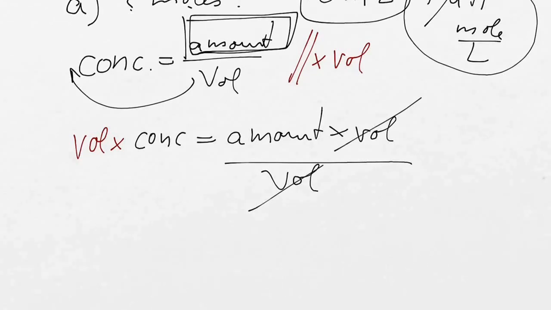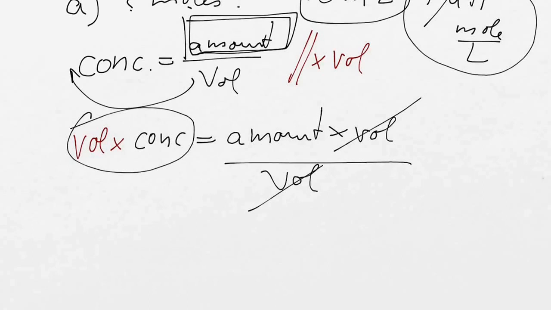That was for people who find rearranging equations tricky. That's why I gave you this test on solving equations, basically. So what we have here is now volume times concentration, and that gives us the amount. So what is our volume?